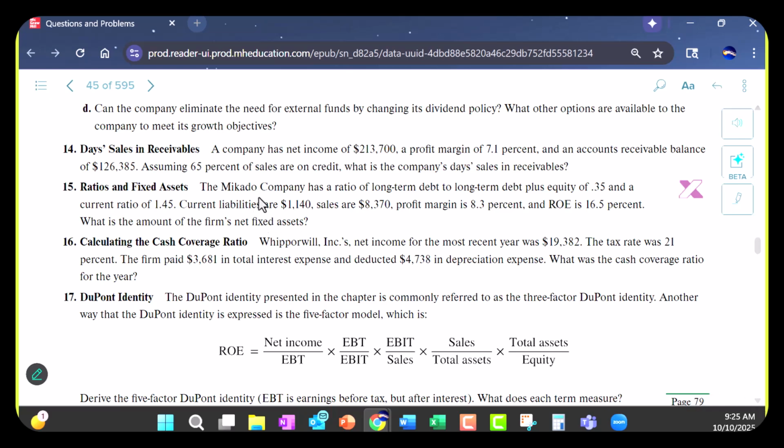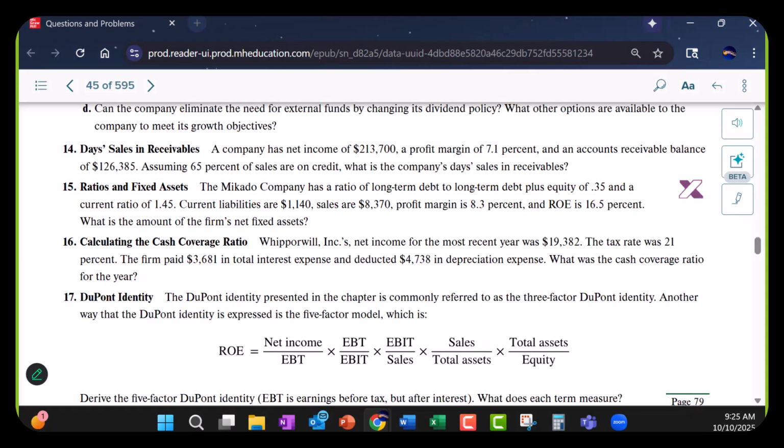Okay, let's think about these three problems. And let's take a picture.